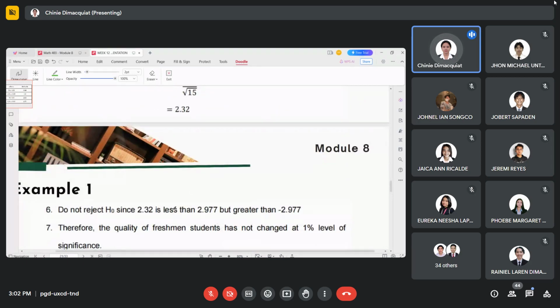Do not reject the null hypothesis since 2.32 is less than 2.977 but greater than negative 2.977. Because it is between the two, we accept the null hypothesis. Therefore, the quality of freshman students has not changed, because our null hypothesis that the mean is equal to 80 is correct.